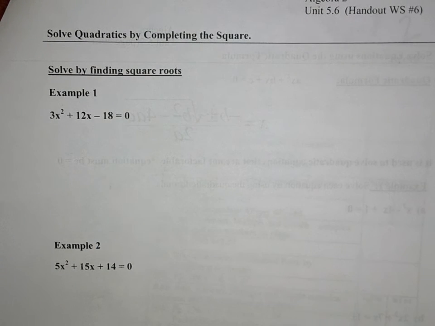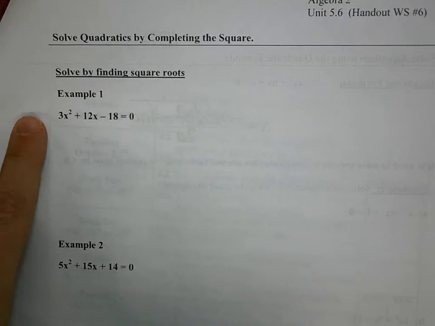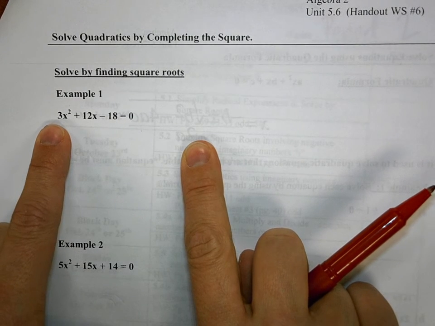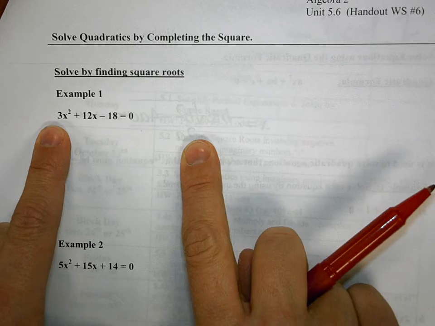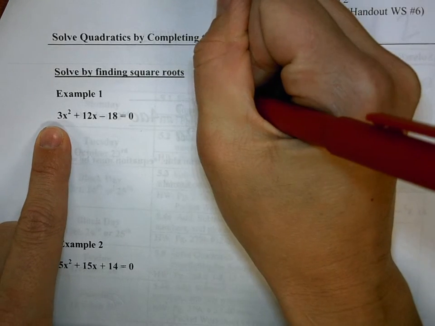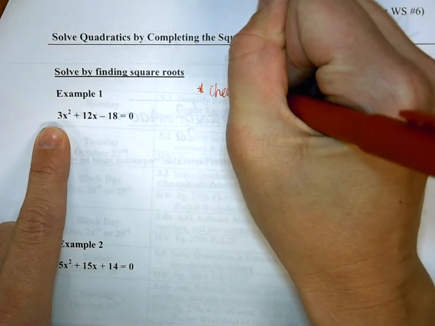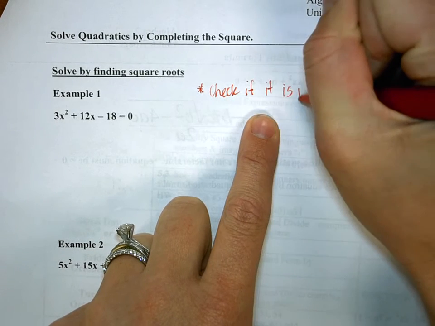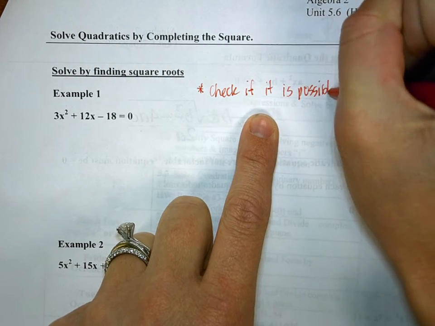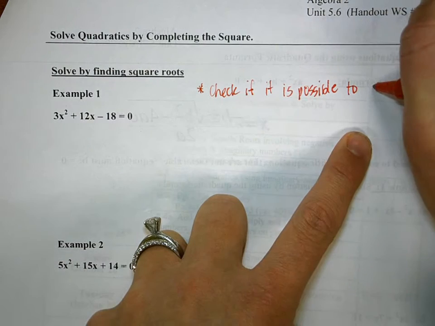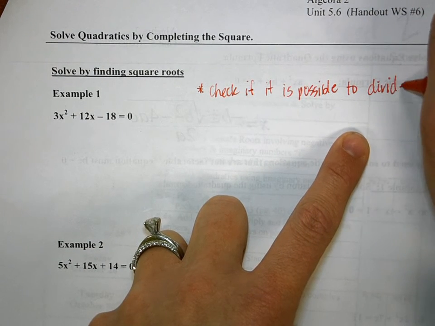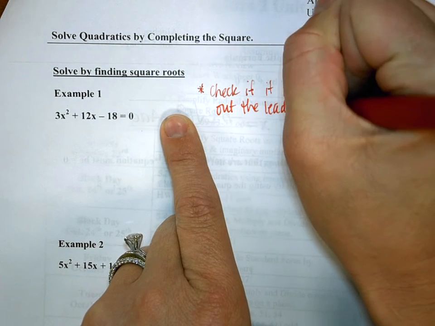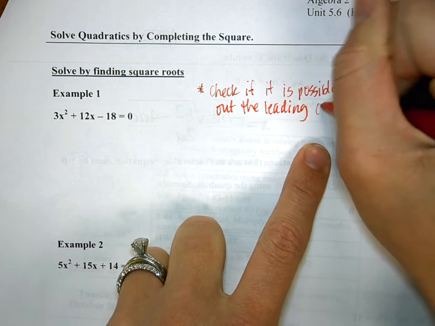The first option is the easiest, which is you want to check to see if all of these numbers are divisible by your leading coefficient, in this case 3, then you want to divide everything by 3. So the first thing you want to do is check if it is possible to divide out the leading coefficient.